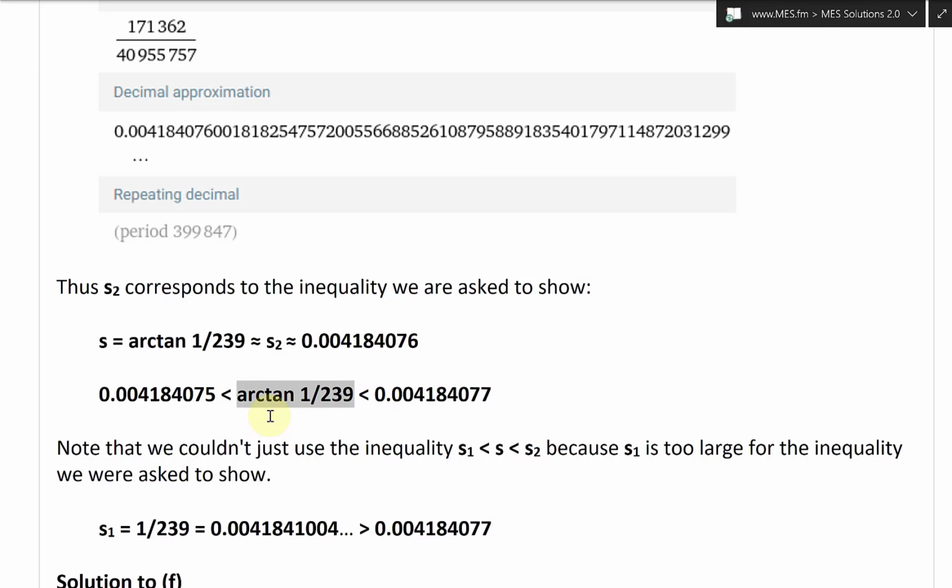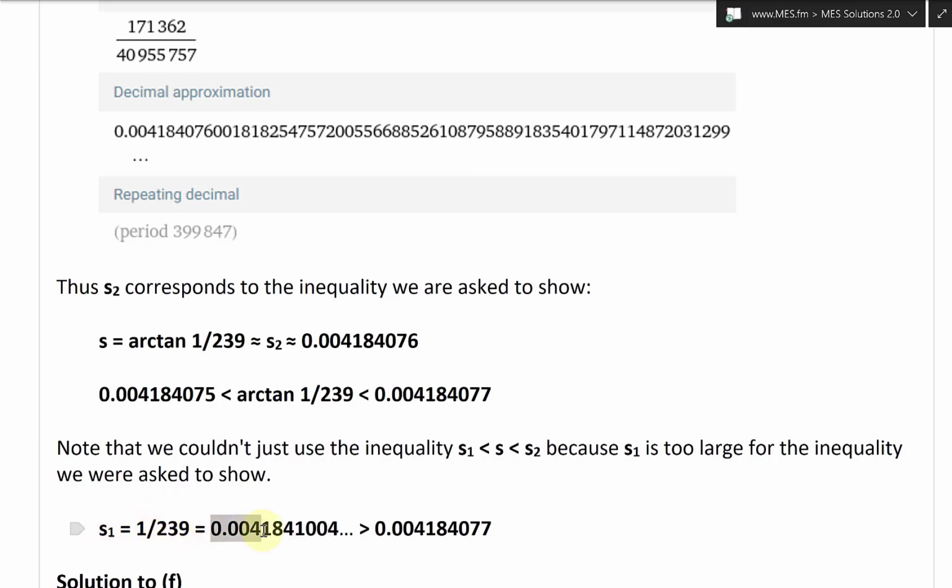Note we couldn't just use the inequality with S between S1 and S2, because S1 is too large for the inequality we were asked to show. S1 is 1 divided by 239.